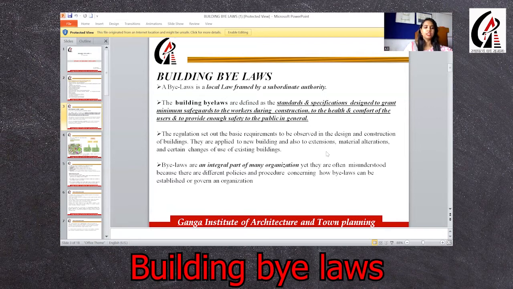And after that, the pre-planning of building activity allows orderly growth and prevents haphazard development. That's why we are following building bylaws.